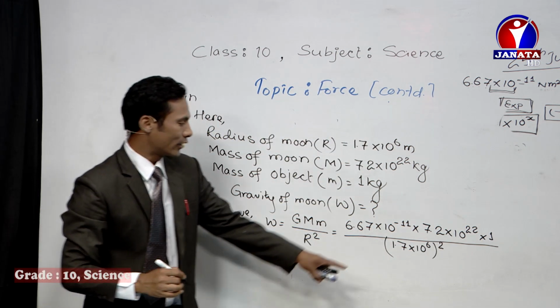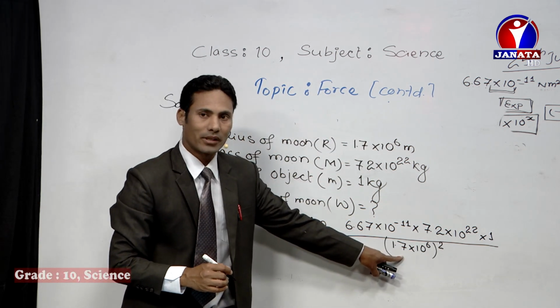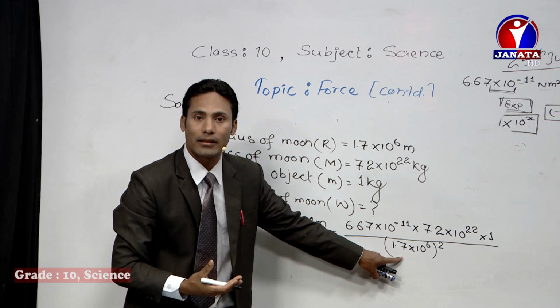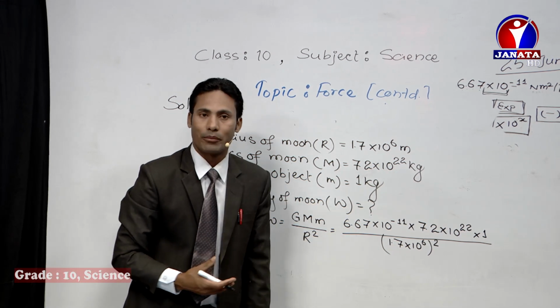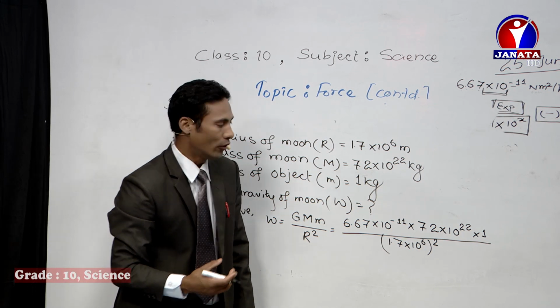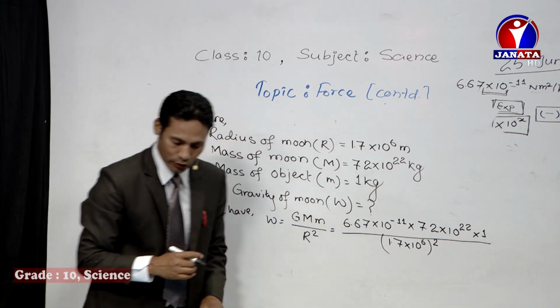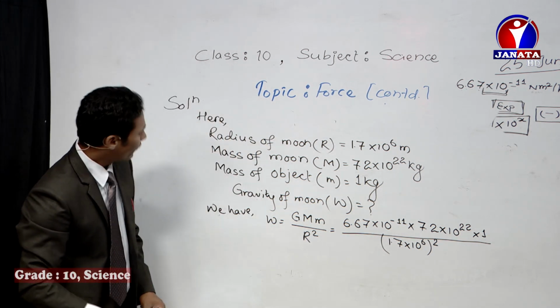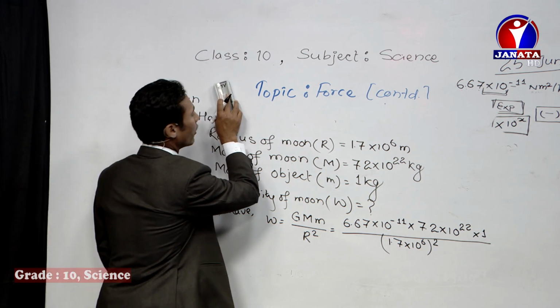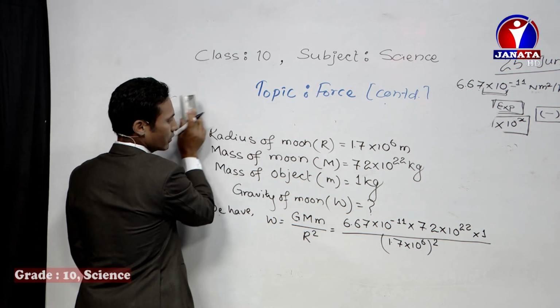Let's not forget to square this. Sometimes we may forget to square it, and in that case the numerical problem may go wrong. So let's be careful about this square also, right? Now let's simplify this. Let me drop down two more lines.